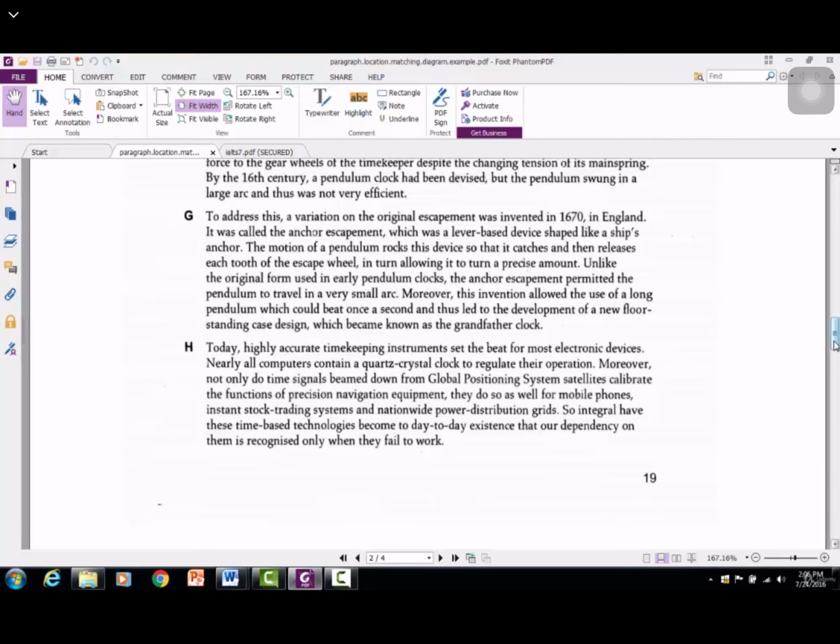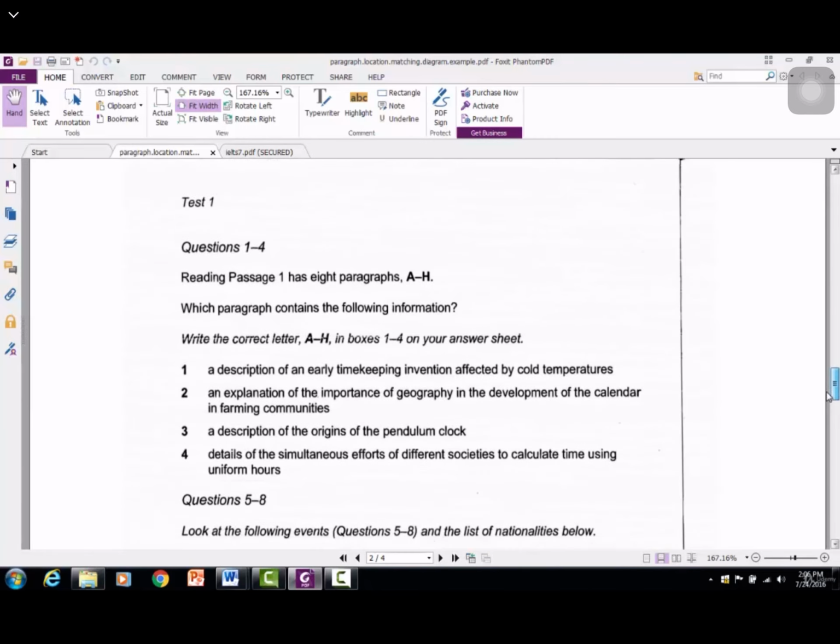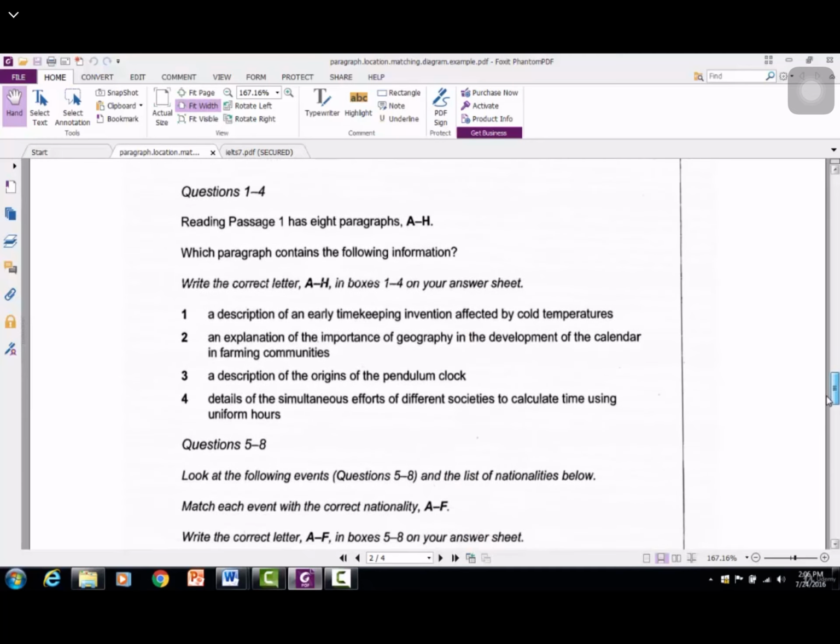There's nothing about farming or that stuff there in paragraph G. So we have number four. Number four is paragraph E with the French and the paragraph about the equal hours. And number three is F with the description of the pendulum clock. But that paragraph with 1670 talks about nothing about timekeeping and cold temperatures.